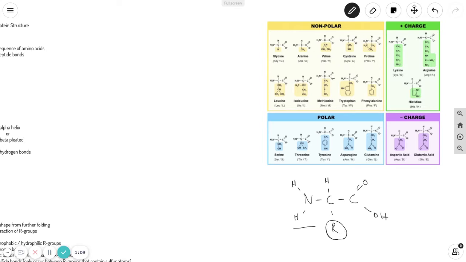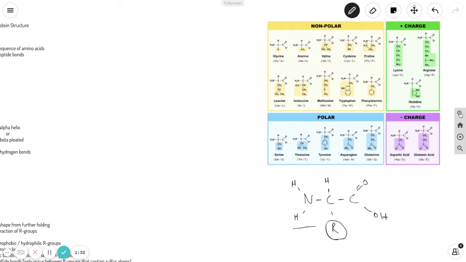Now this table here, I got this from BioNinja. That's a really good resource to use as well. This is showing you the different R groups. So the glycine has a really simple R group. It's just an H. Whereas alanine, it's CH3.